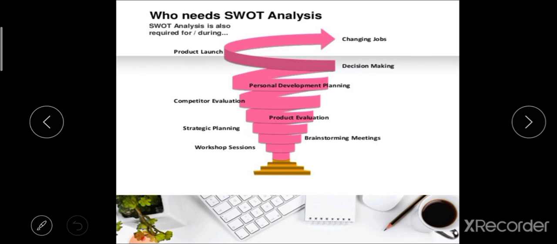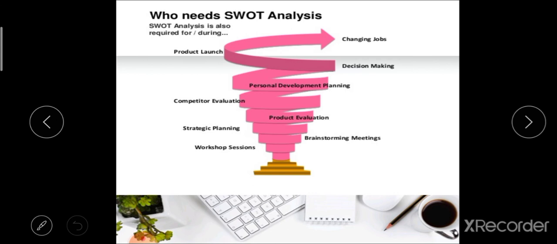In the case of a company, it uses SWOT analysis when revenue, costs and expenses, or targets are not being achieved, when industry conditions are unfavorable, or when launching a new business venture.